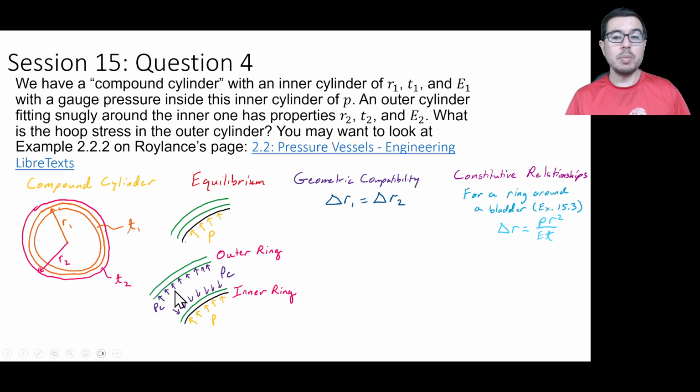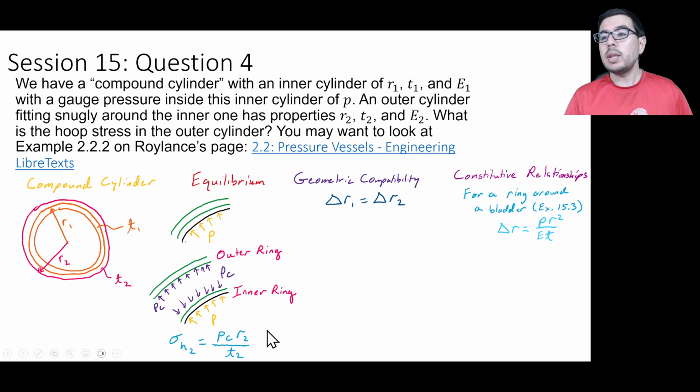So now that I've got a pressure and I've got a radius and a thickness for this outer cylinder, I can just use the equation that we've talked about before that relates the internal pressure, the radius, and the thickness for a thin-walled cylinder to the hoop stress. Okay, like we see here.